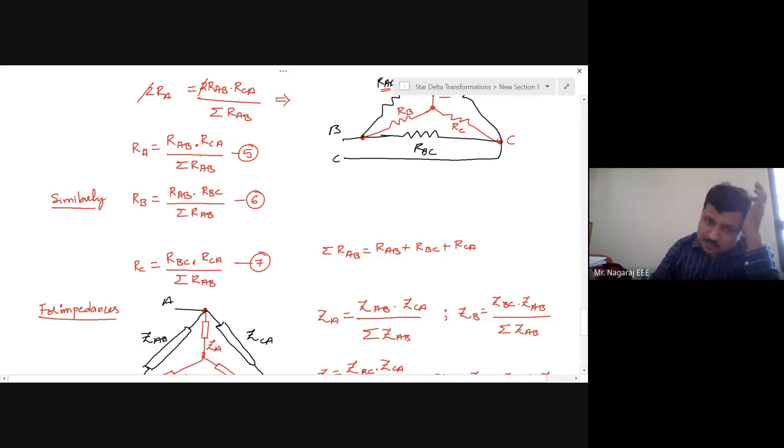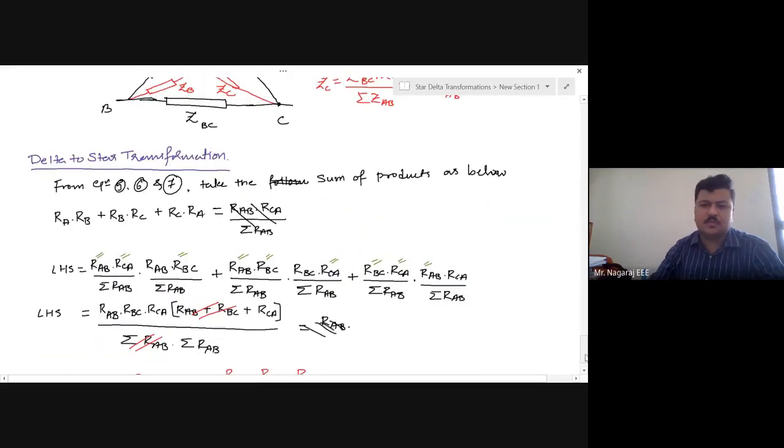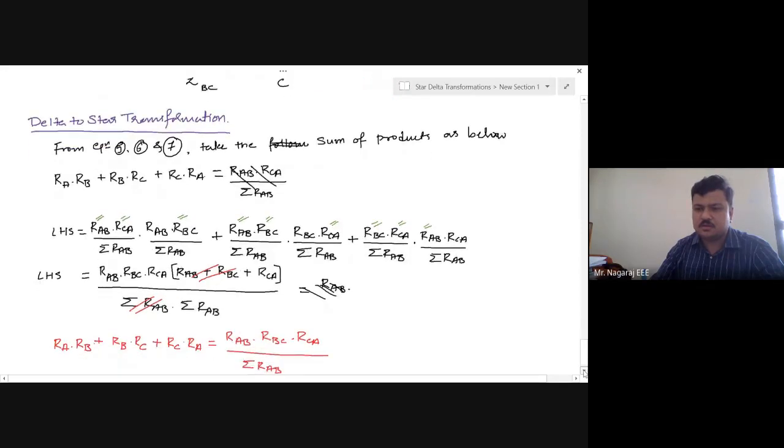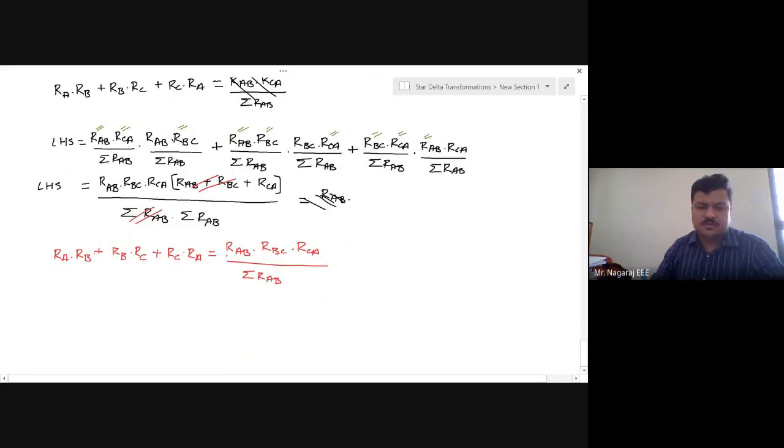From equation 5, RAB RCA divided by summation RAB is RA. From equation 7, RBC RCA divided by summation RAB is RC. Anything I can take because all the three are possible. So summation RAB into RCA divided by summation RAB, I will take it as RA.